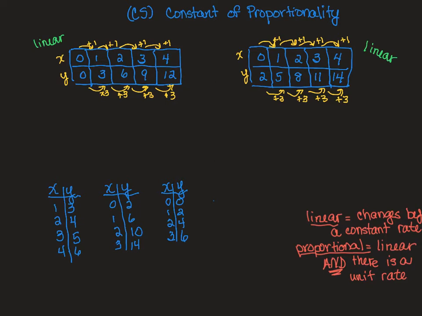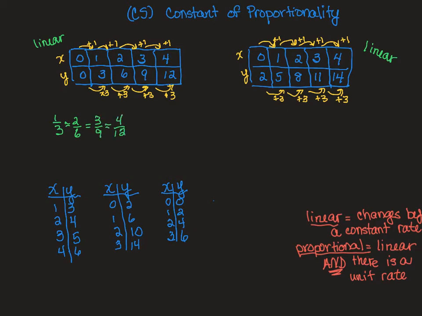However, to check to see if it's actually proportional, what you need to see is, is there a unit rate? If I'm multiplying the x by the same amount every time, then I have a proportional relationship. Because I know here that if I write these as proportions, 1/3 is proportional to 2/6, is proportional to 3/9, is proportional to 4/12.